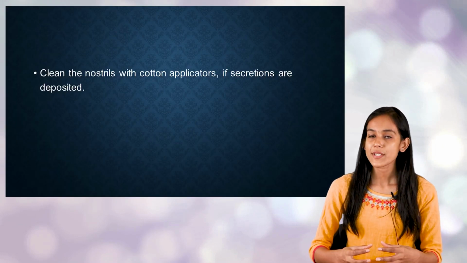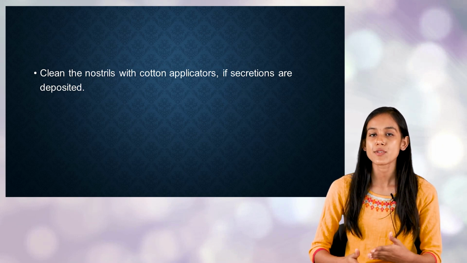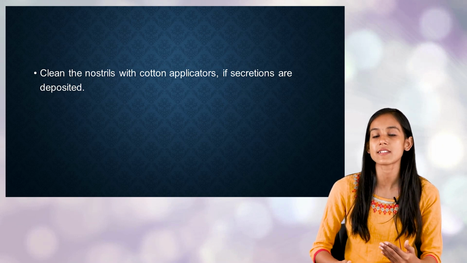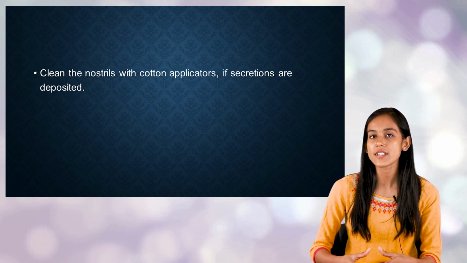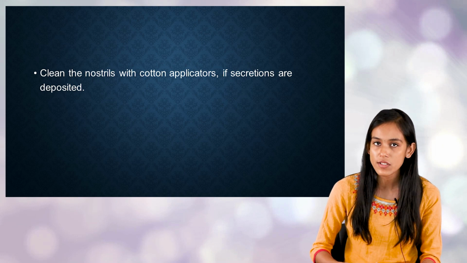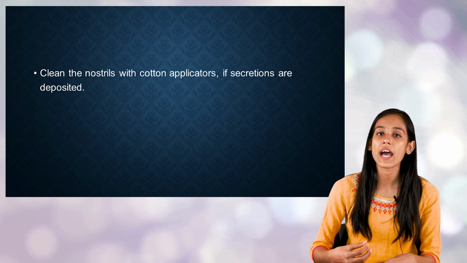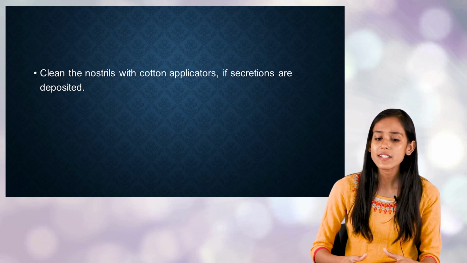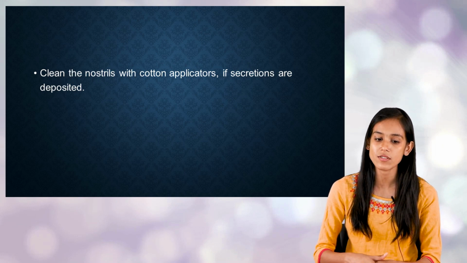As we know that we are going to insert the nasogastric tube into the nostrils, the nostrils should be clean enough, and should not have any secretions deposited there, right? So first, we are going to clean the nostrils, and if any secretions are deposited, we have to remove them.